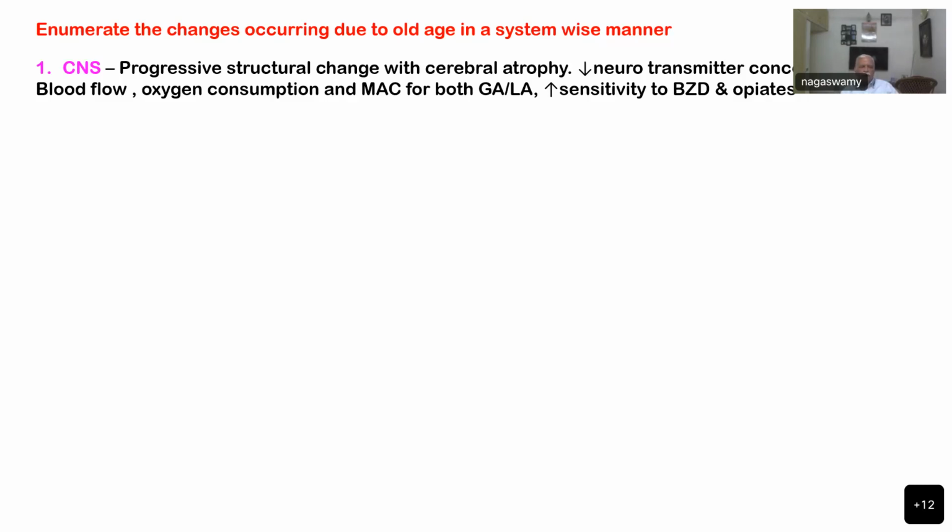Can you say something about CVS? What are the changes that happen? Stiffening of the myocardium and the arteries. More prone for hypertension, ischemic heart disease. Heart rate in old age.